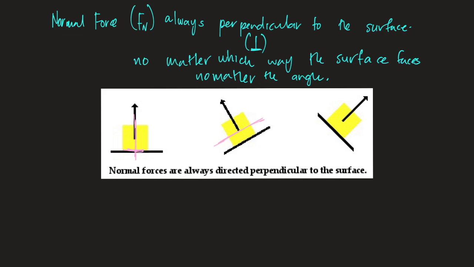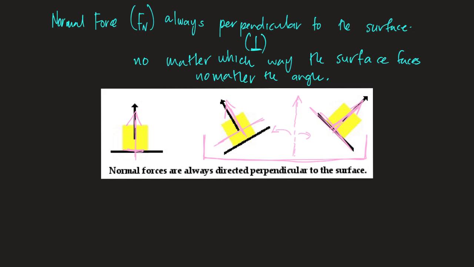So if I'm looking there, perpendicular to the surface. If I'm looking here, perpendicular to the surface. So don't forget that normal force, especially here with inclines, will not be in that manner any longer. It has to move with the angle.